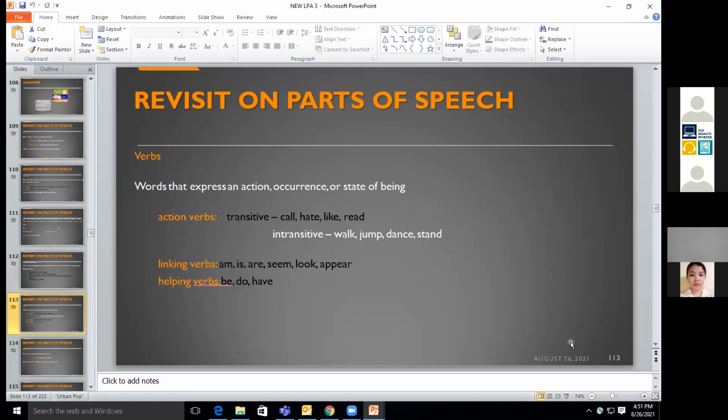Verbs. We know verbs, right? Words that express an action, occurrence, or state of being. Action verbs: you have transitive, call, hate, like, read. Intransitive: walk, jump, dance, stand. Linking verbs: am, is, are, seem, look, appear. You have your helping verbs: be, do, have.